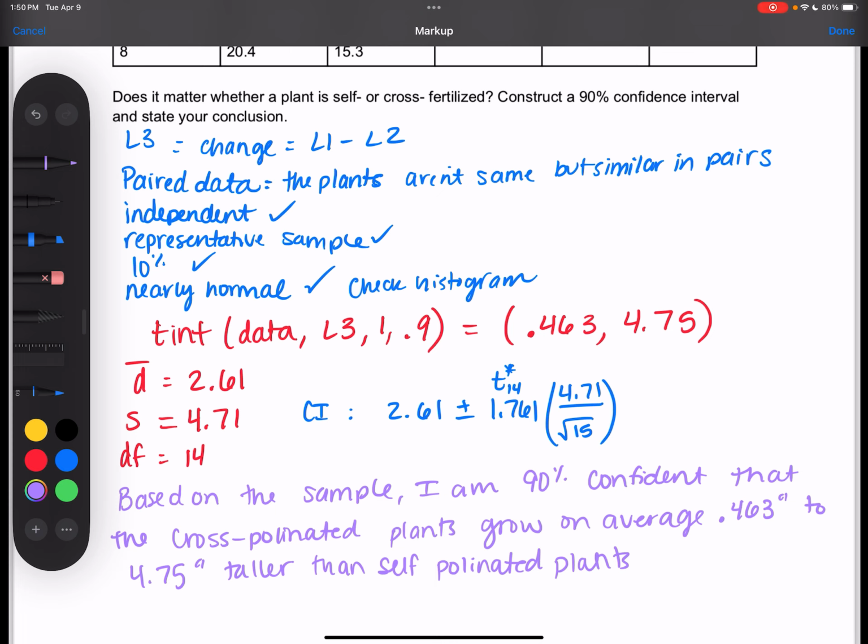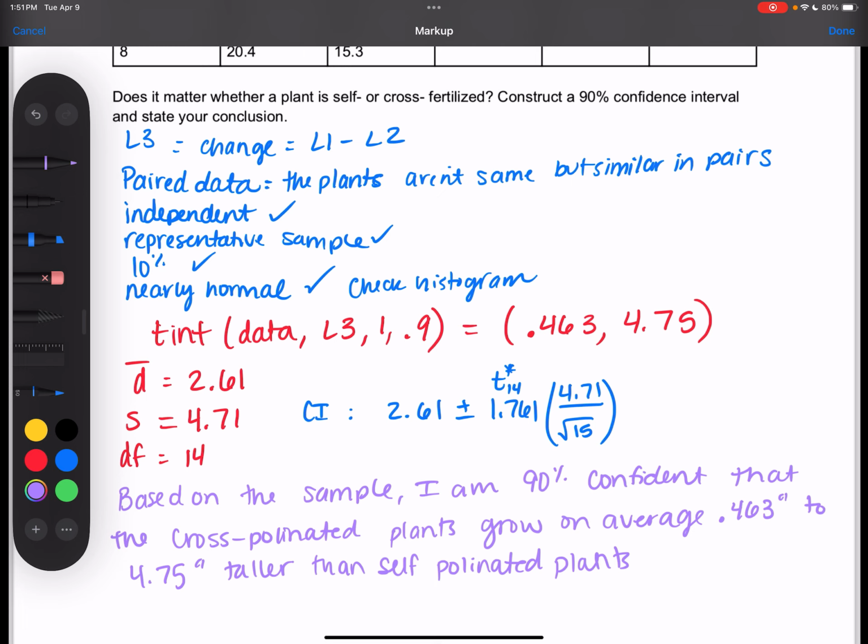They were flipped and negative, so the 4.75 came first, and it was negative. That would have just told me that the self-pollinated plants were 0.463 inches to 4.75 inches shorter than cross-pollinated. So the context is based on which order you do it in.